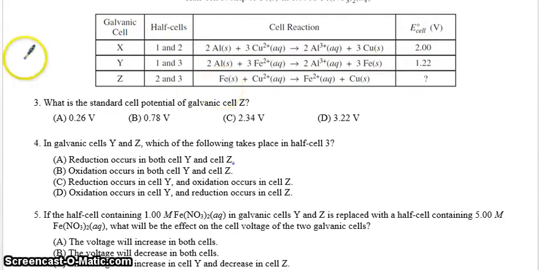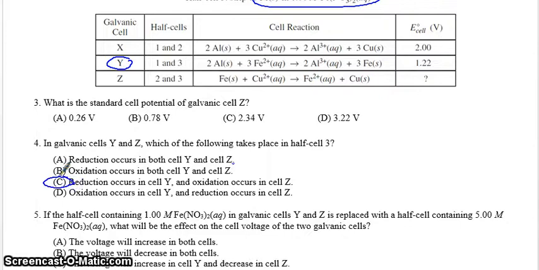So cell 3 is iron, and if you take a look above, it tells you that. So what we've got is iron being reduced. Notice iron is going from a +2 down to a 0. So iron is being reduced in cell Y, and iron is being oxidized from a 0 to a +2 in cell Z. So that one's a simple one. Reduction occurs in cell Y and oxidation in cell Z.